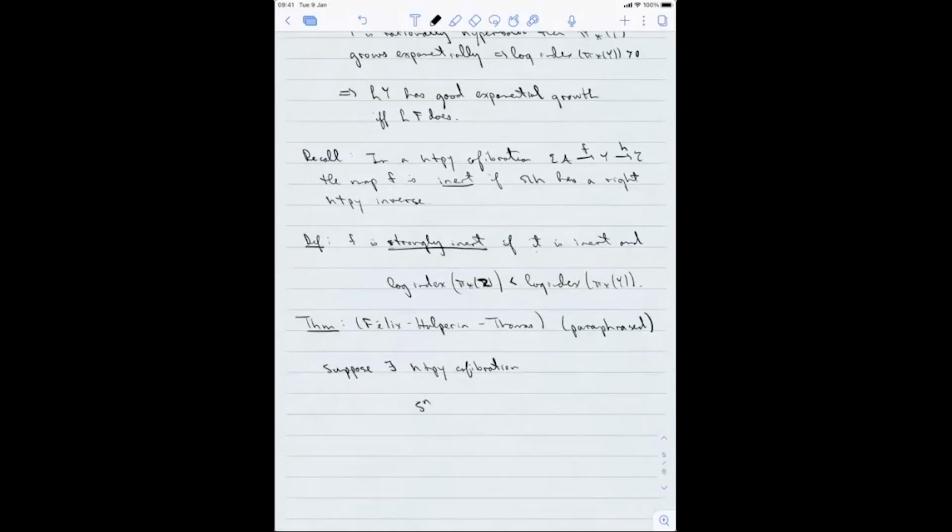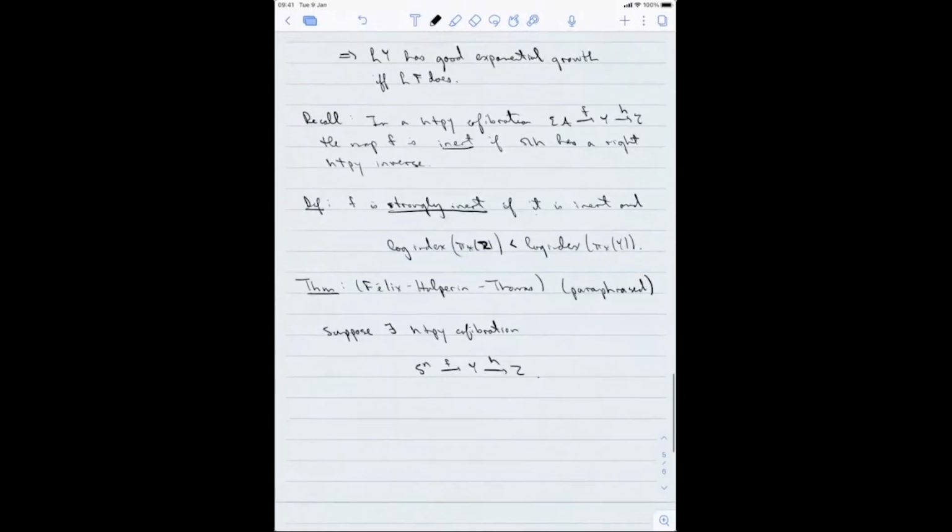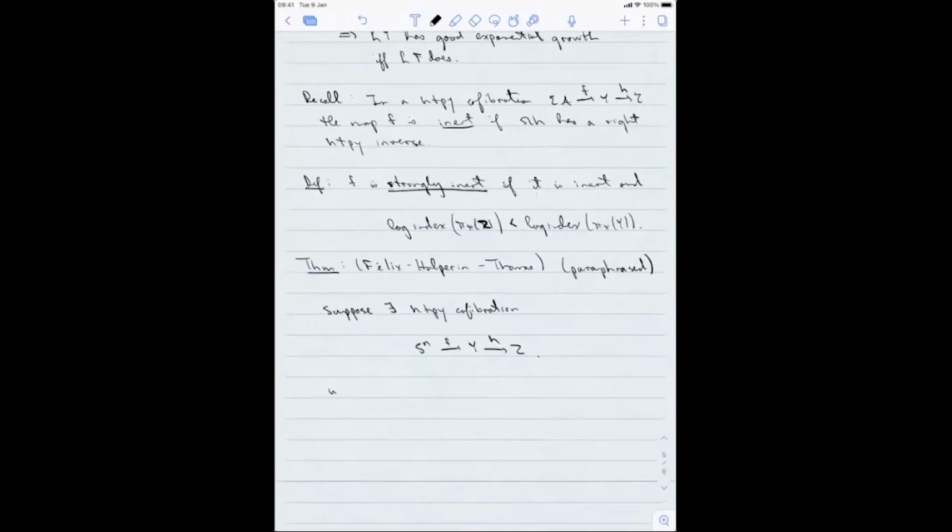So you have an S^N mapping to some space Y, mapping to Z. And F is strongly inert. And now they would have used the rational version of strongly inert, but it's the same as our version.